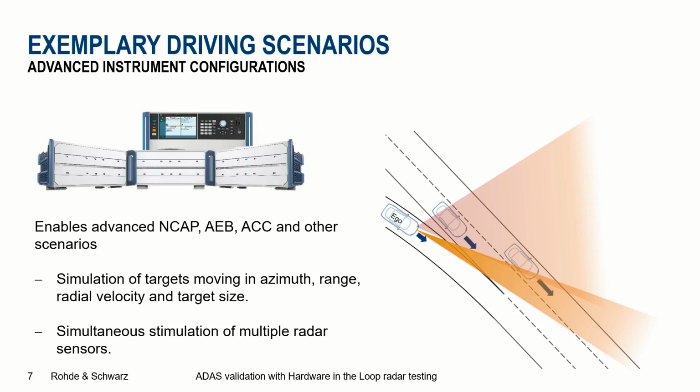Both radar sensors either see targets at the same point in time and therefore need to be stimulated in a synchronous manner, or the targets move into the first radar sensor's field of view and then leave it and move on into the field of view of the second radar sensor. And with the QAT and ARIC 800A, you can easily address that.